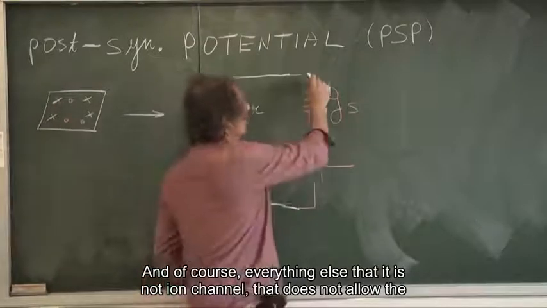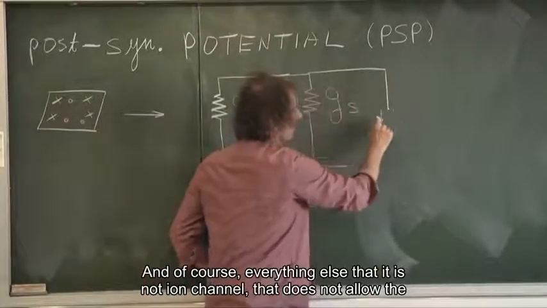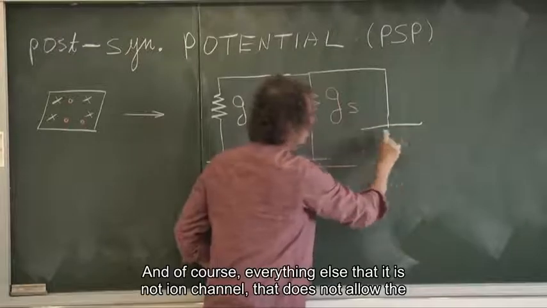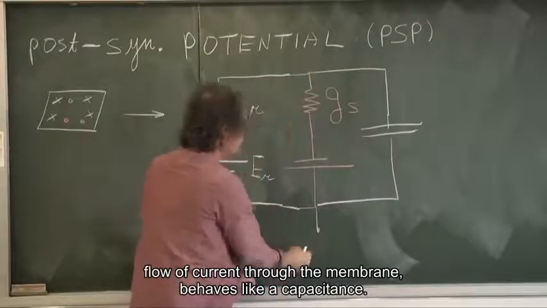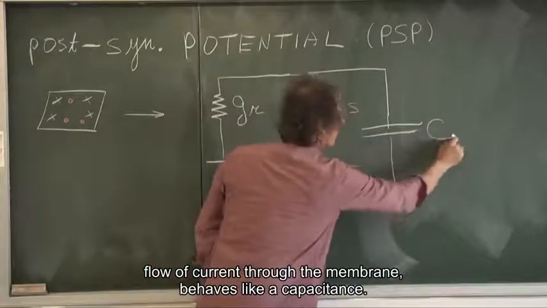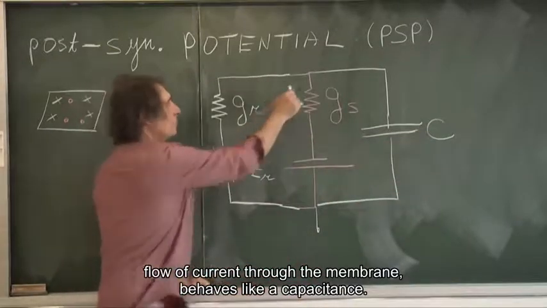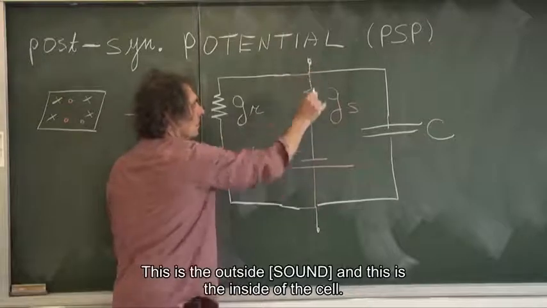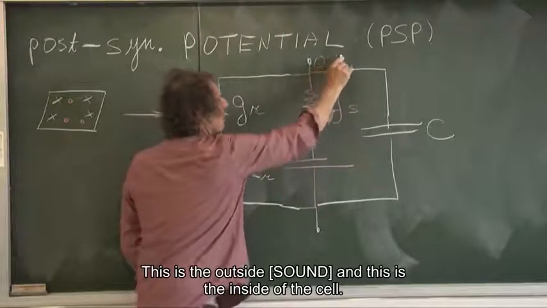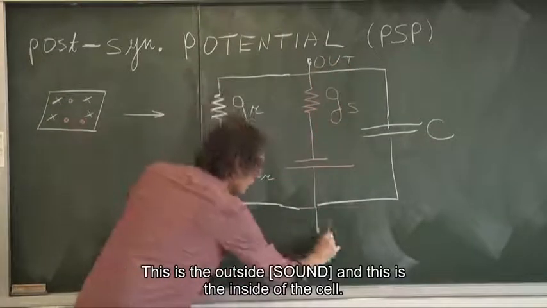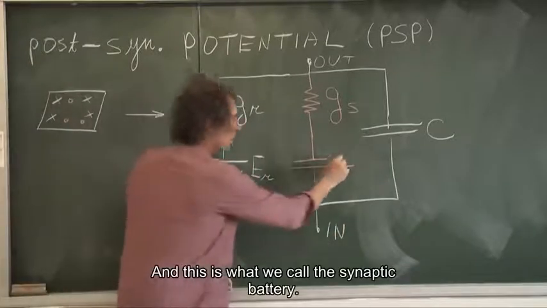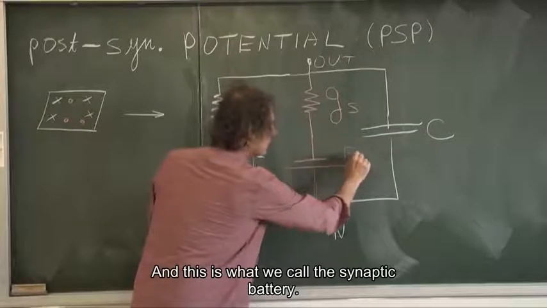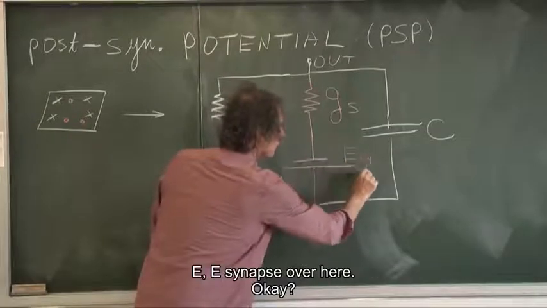And of course, everything else that is not ion channels, that does not allow the flow of current through the membrane, behaves like a capacitance. This is the outside, and this is the inside of the cell. And this is what we call the synaptic battery, E synapse or ES.